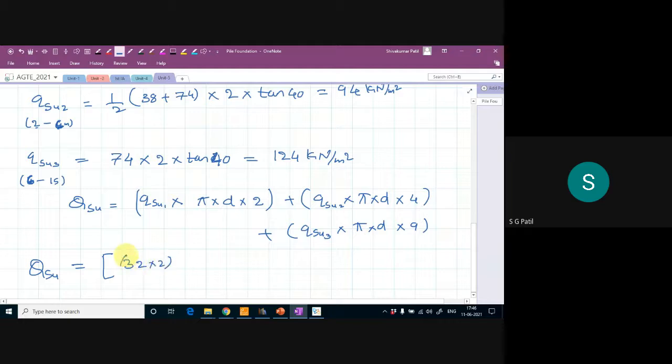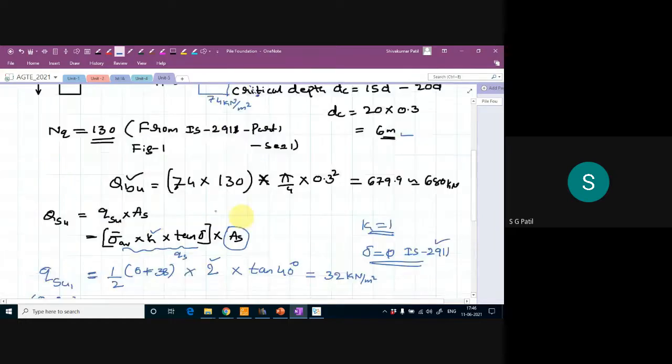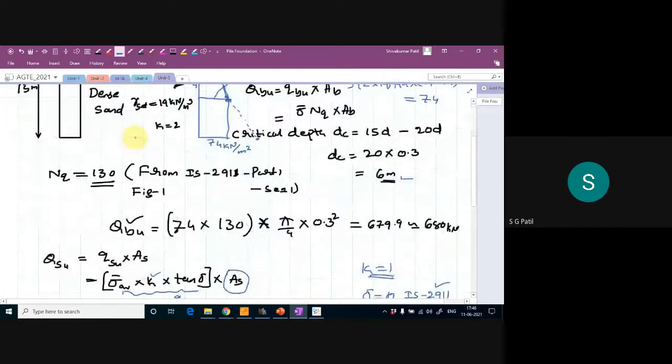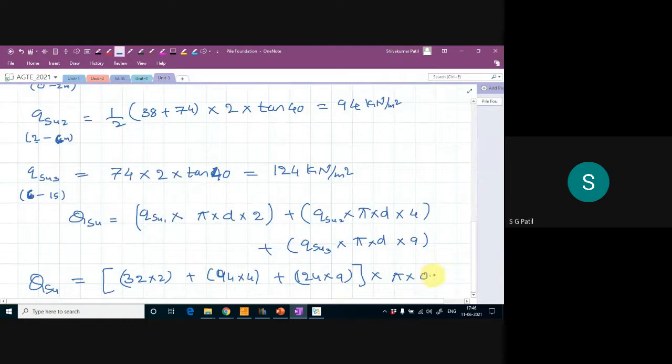So QSU: 32 into 2 plus 94 into 4 plus 124 into your 9 meter into pi into the diameter of pile. Diameter of pile how much? 0.3.